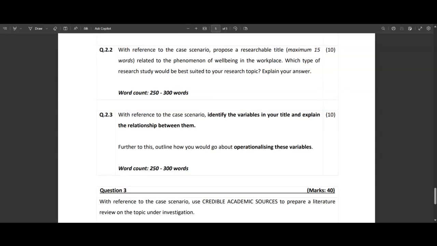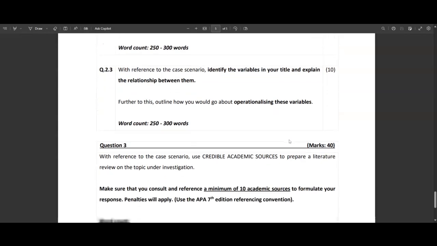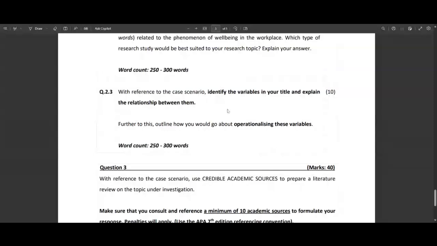Would we mention the data methods essentially? Yes, so you will say how you intend to measure these variables. So for instance, if your title says you're trying to measure the relationship between the independent and dependent variable, then the keyword relationship there means correlation, right? So you would say that you would end up running a correlation at the end, but then also how you are going to collect that data, which is how you operationalize the variables.